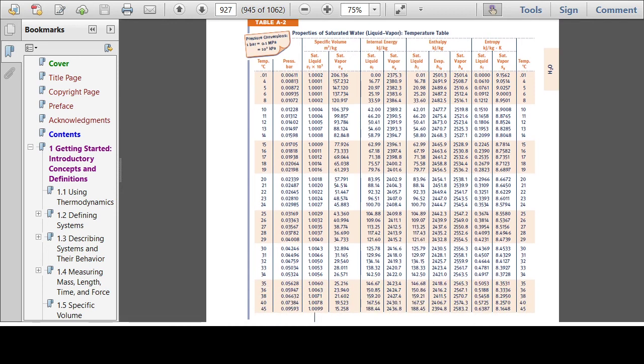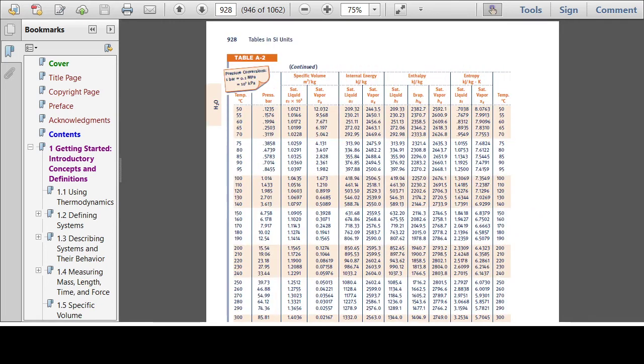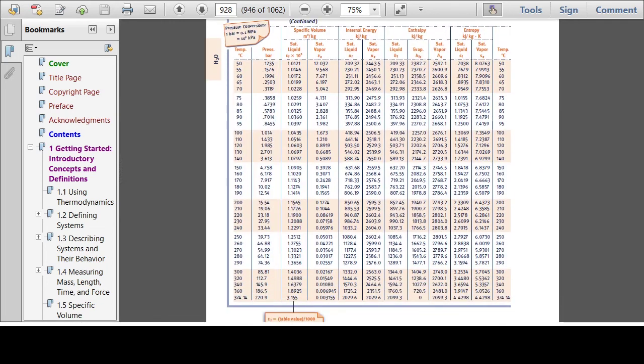Now we are given a temperature of 140 degrees Celsius. At 140 degrees Celsius, the corresponding pressure is 3.613 bar. I want all of you to note it down, 3.613 bar.